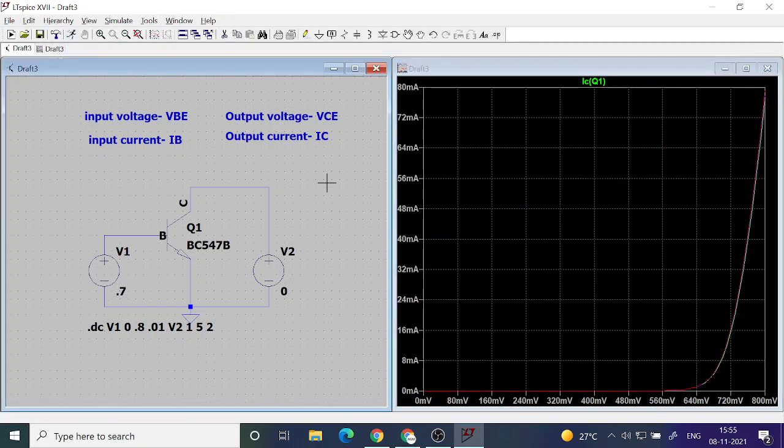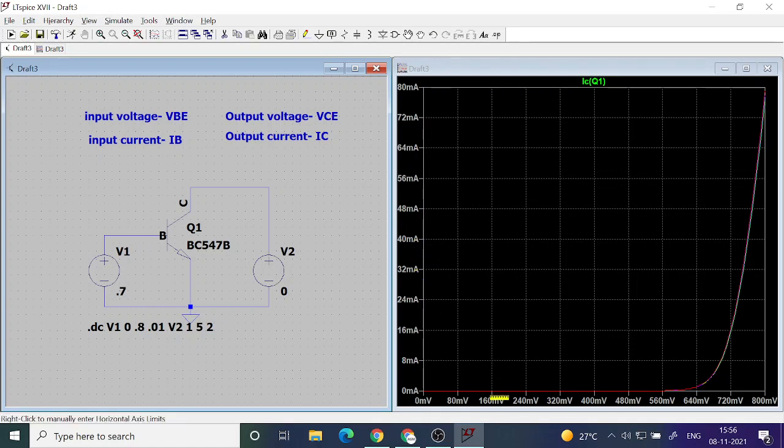Okay. This characteristic, which is the third characteristic of the transistor, is called the transfer characteristics. Why is it called transfer characteristics? Because what is plotted on the y-axis is something related to the output, and what is plotted on the x-axis is something related to the input. So therefore the name transfer characteristics.